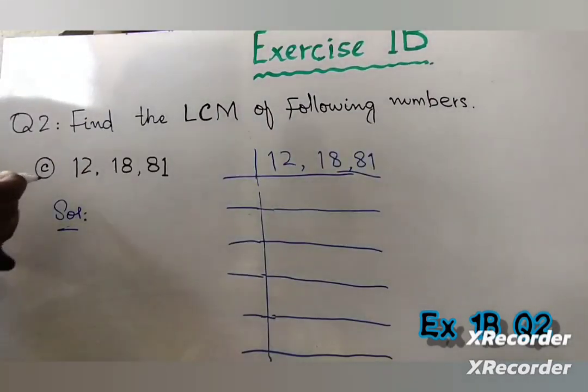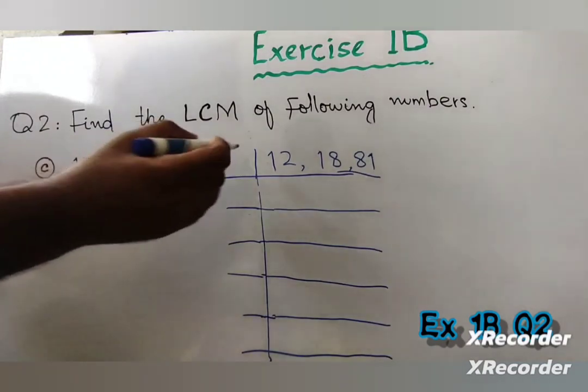Now for question number 3, that is 12, 18 and 81. Similar method.